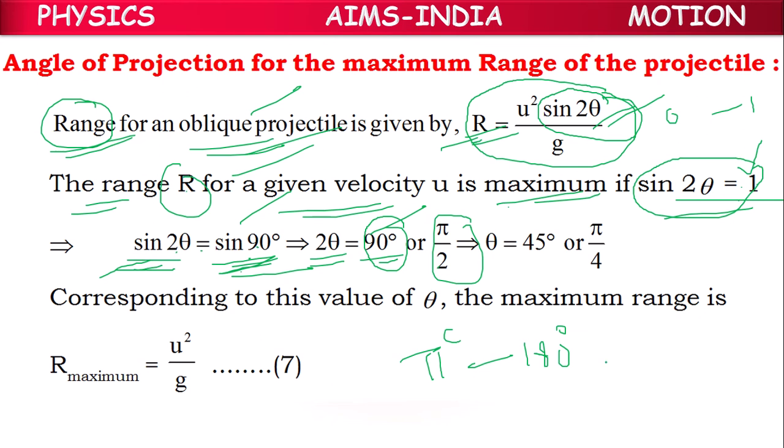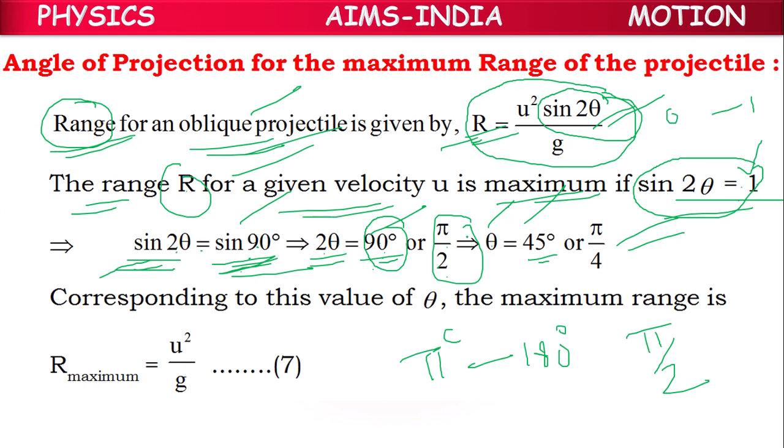So 2 theta equals 90 degrees or pi by 2, and theta equals 90 by 2, which is 45 degrees, or pi by 4.